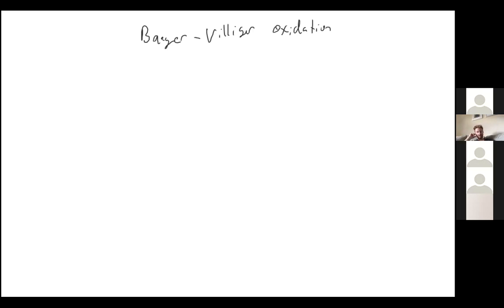And this is going to be a reaction where we use something like MCPBA again. On a ketone. So if you take a ketone and you throw in MCPBA, yeah, not draw an arrow.